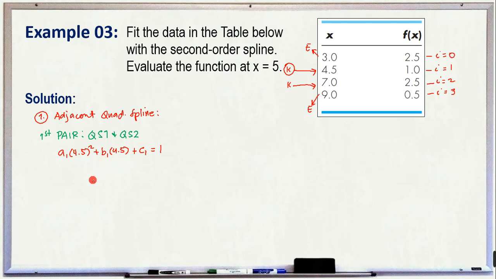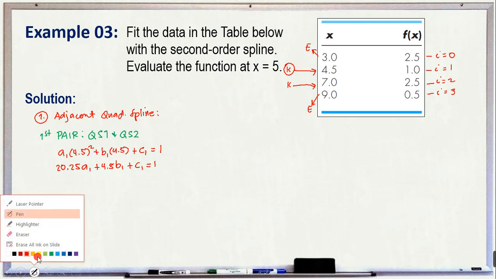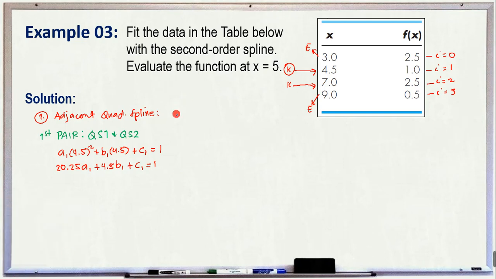So, this is 20.25 a sub 1 plus 4.5 b sub 1 plus c sub 1 is equals to 1. So, this is our first nga na-derive nga equation.